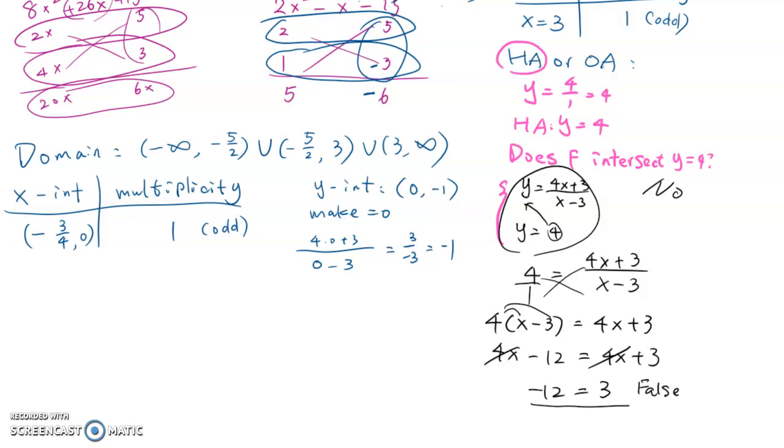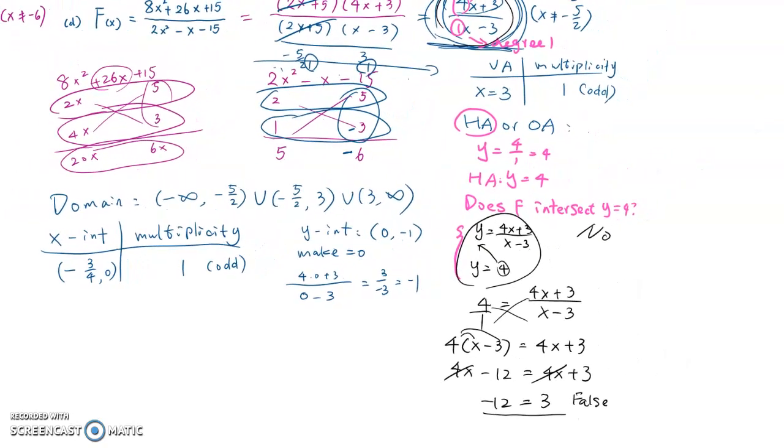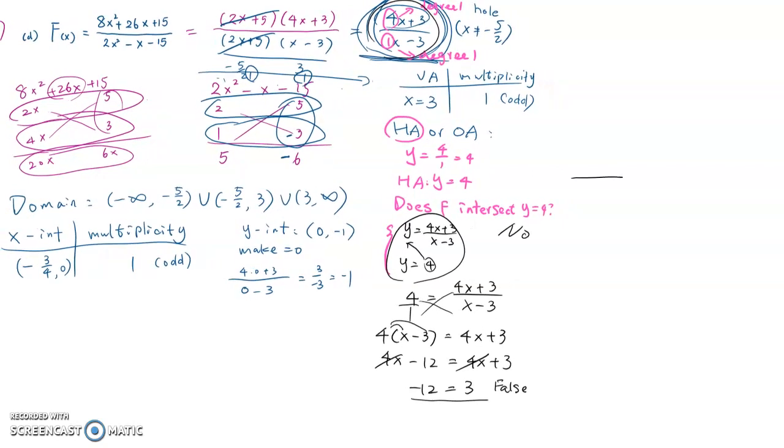Okay, so I think I've gathered enough information here. Now I will start graphing. So this is my coordinate plane. Starting with my x-intercept, which is at negative 3 over 4.